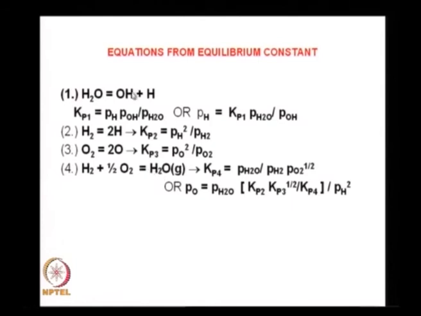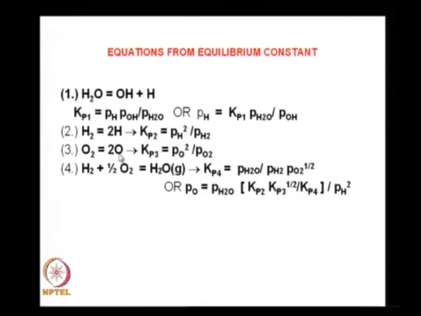Therefore, I use these 4 equations. For the first, I write Kp1 is equal to pOH into pH divided by pH2O, or rather I can write the value of pH in terms of Kp1 into pH2O divided by pOH. If I consider the reaction H2 going to 2H, I have the equilibrium constant Kp2 equal to pH squared by pH2.